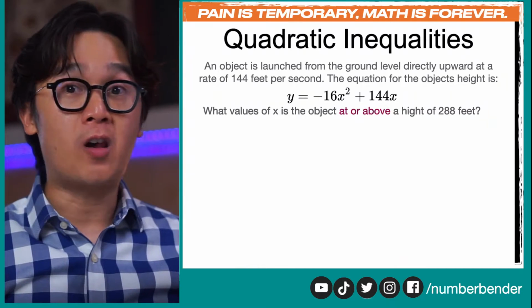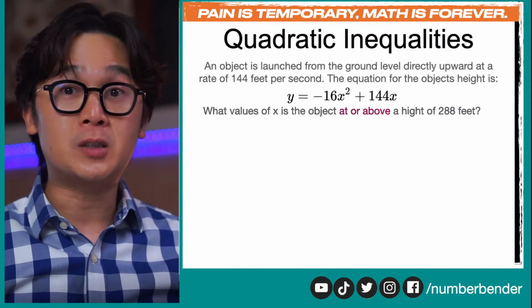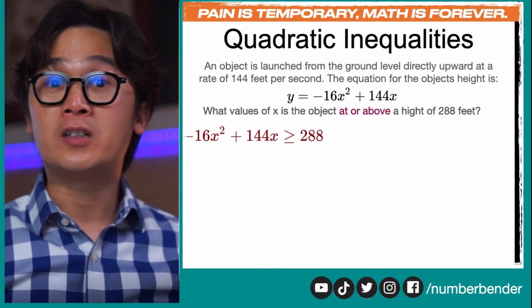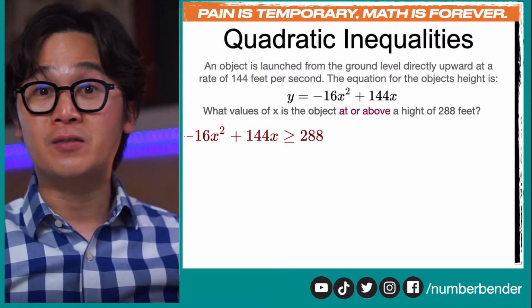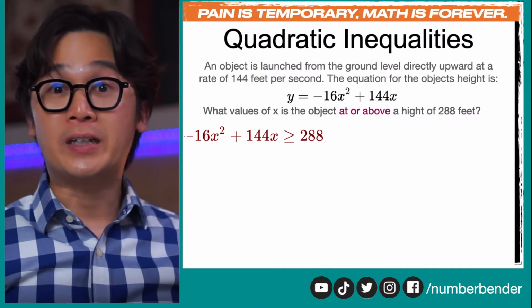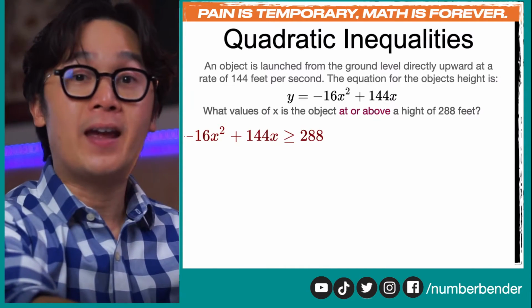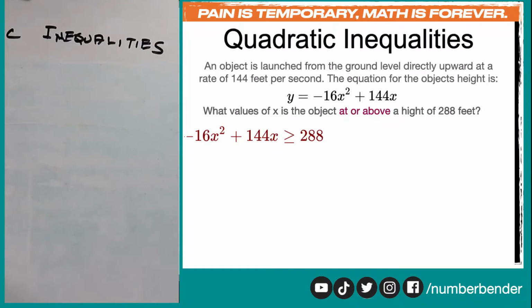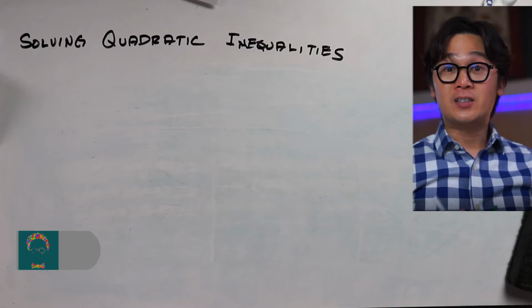The clue is already there, at or above, which means our inequality would look something like this: negative 16x squared plus 144x greater than or equal to 288. So let's work on that inequality by solving it.